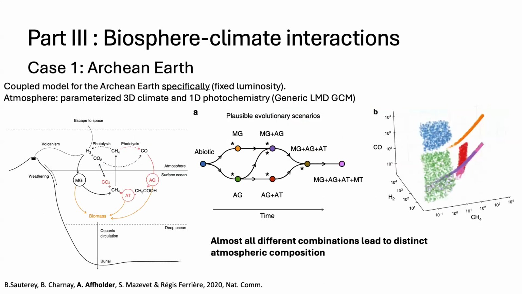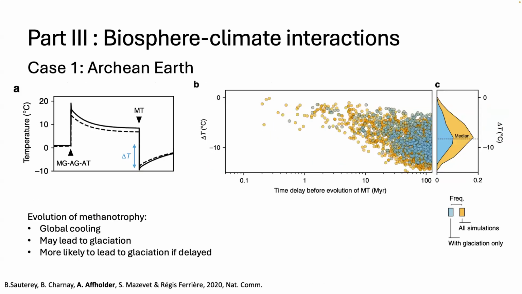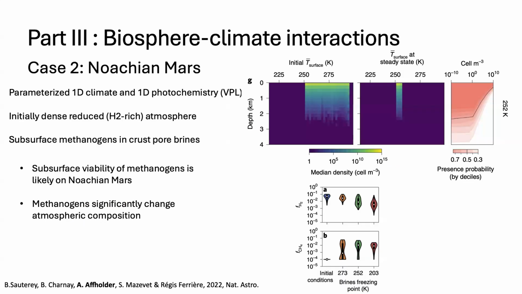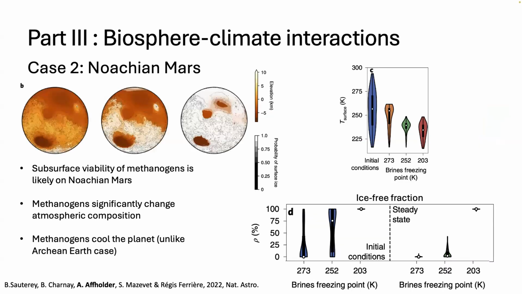So the same metabolism that was leading to temperature increase on the Archean Earth, same exact metabolism, we calculate would lead to cooling of Mars.